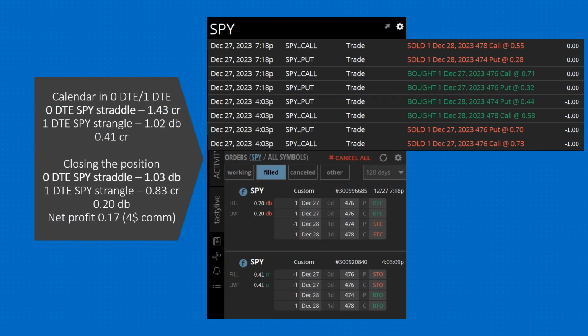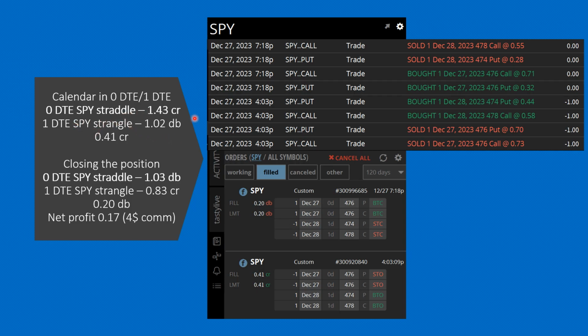Just the day before, on December 27, I actually did the same on a calendar of 0 versus 1 day. So that's another idea for the strategy: selling the SPY straddle and buying the SPY strangle.